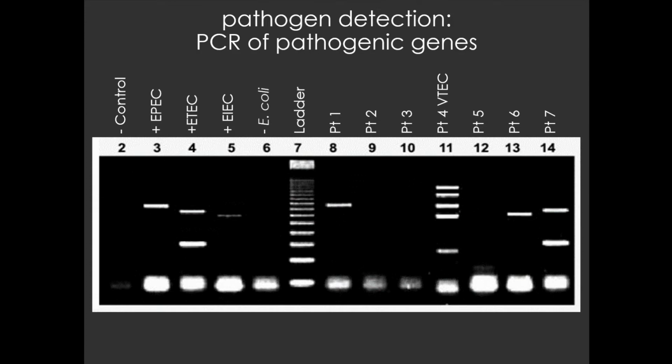Patient 5 does not have a pathogenic strain of E. coli. Patient 6 has the enteroinvasive E. coli, and patient 7 has enterotoxigenic E. coli. So PCR just of pathogenic genes can very quickly differentiate a normal strain of E. coli and pathogenic strains of E. coli, and it can do that for other disease-causing organisms as well, because many organisms cause disease only when particular genes that create toxins are present.